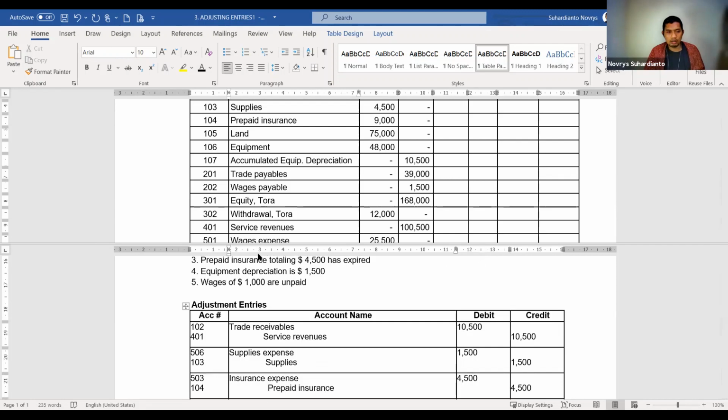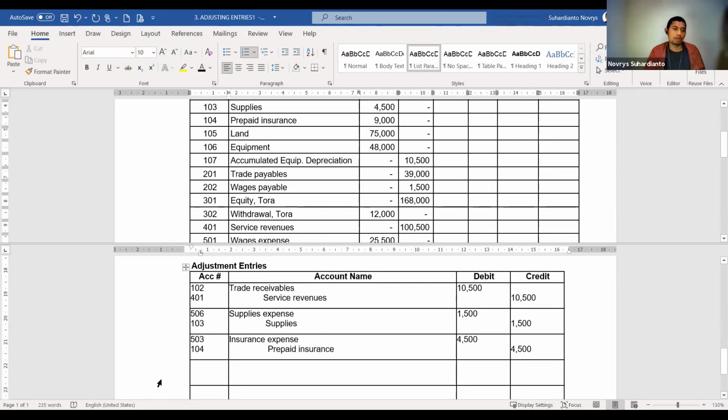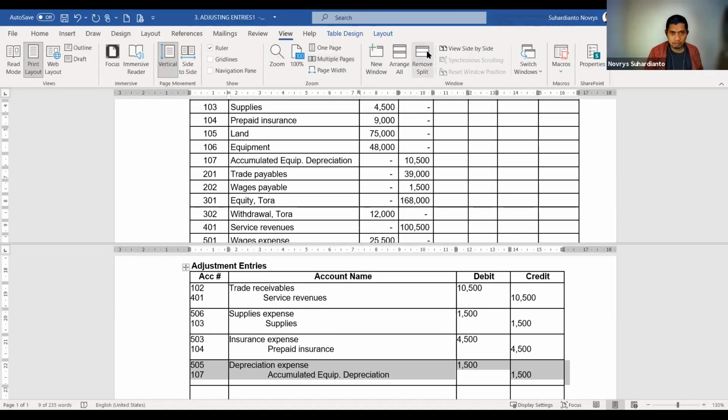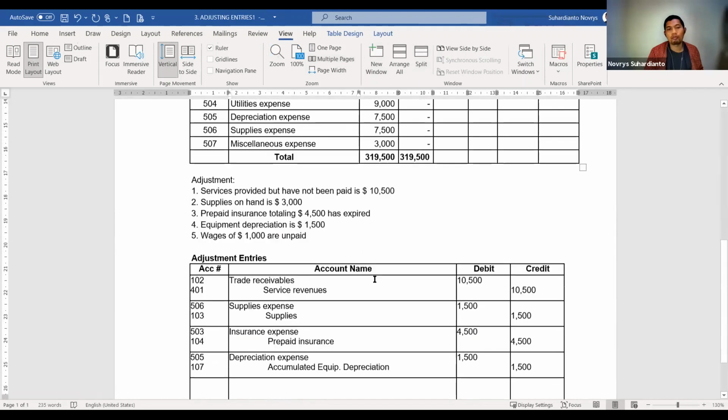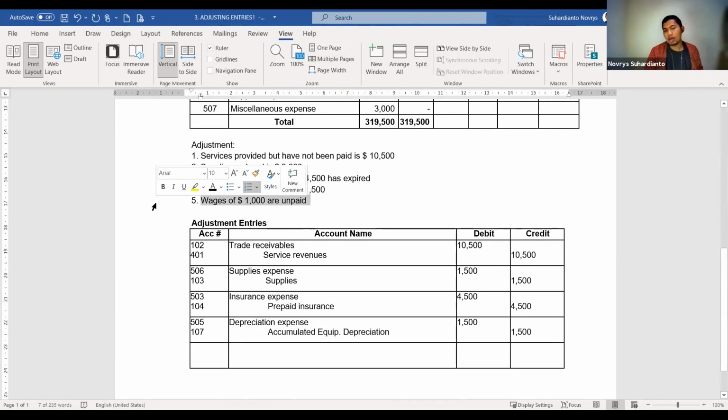Next, equipment depreciation, 1,500. We record it by debiting depreciation expense and crediting accumulated depreciation. Okay, wages 1,000 are unpaid.